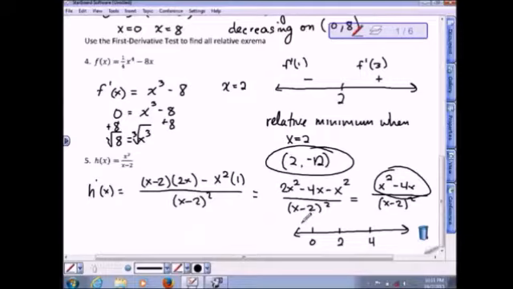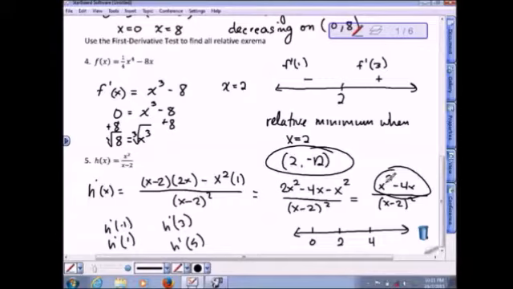Now we need to choose test points within each interval, plug them into the first derivative, and see what comes out. So we need to test h prime of negative 1. We could test h prime of positive 1. We could test h prime of 3 and h prime of 5. We've got to figure out what's happening with all these.